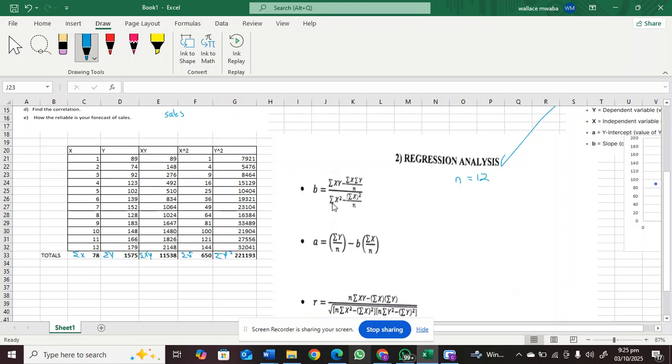And then here we've got sigma x squared minus sigma x squared over n. So it's just a matter of replacing here.